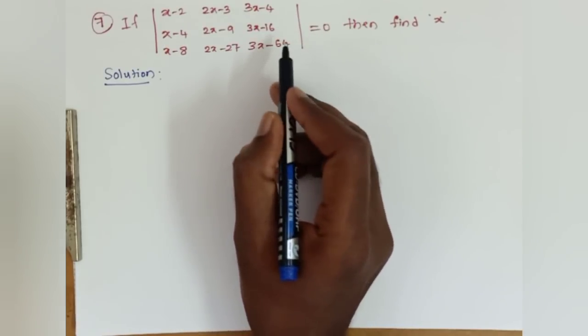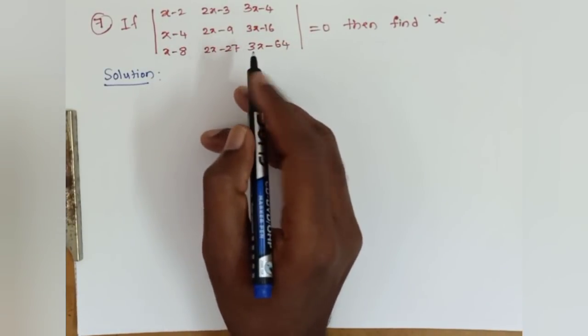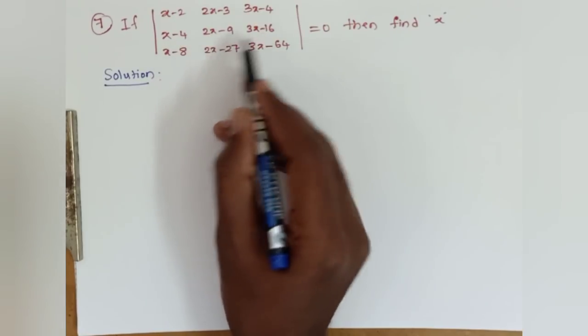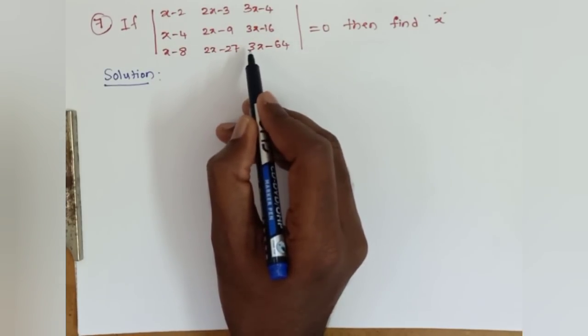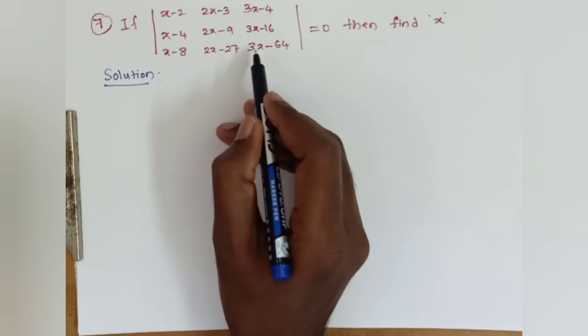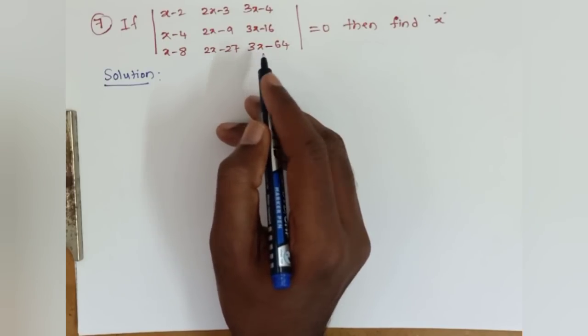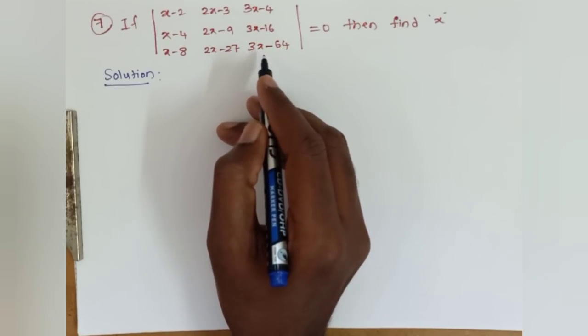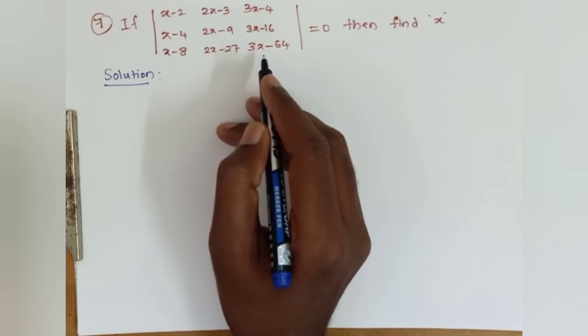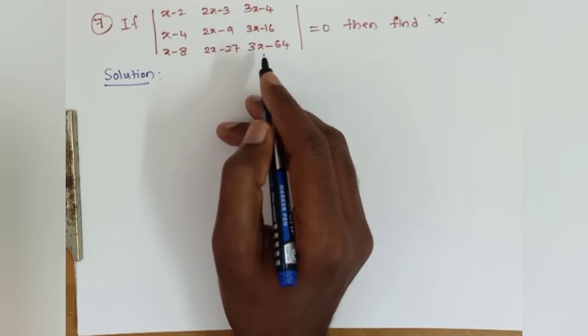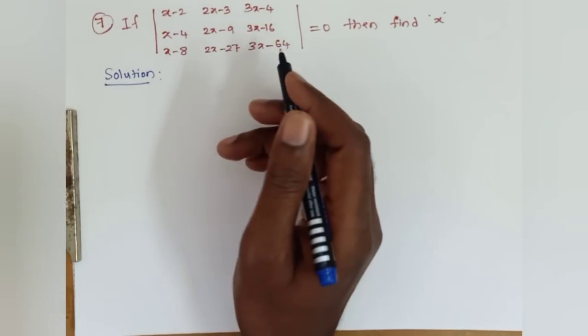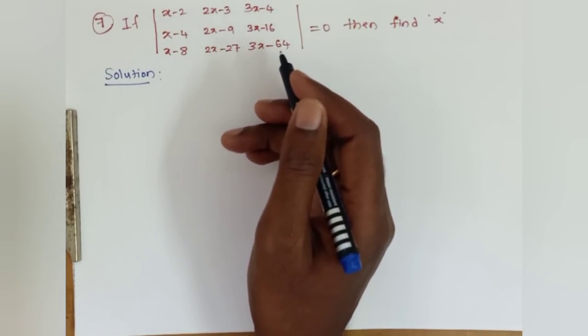Before that, try to simplify the determinant elements by using the properties or some row operations or column operations. No problem: if we apply any row operation or column operation to the given determinant, there is no change in the value of the resultant determinant.